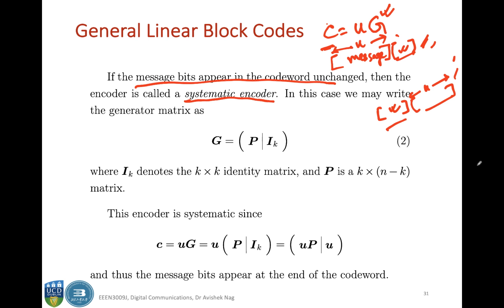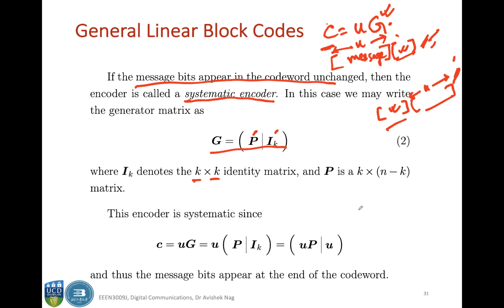Okay, so if you want this type of arrangement, you can define the generator matrix G in such a way that you can have either this or this. So you may write your generator matrix, let's say, in this form, where your I_K denotes a K cross K identity matrix, and your P is a K cross (N minus K) matrix.